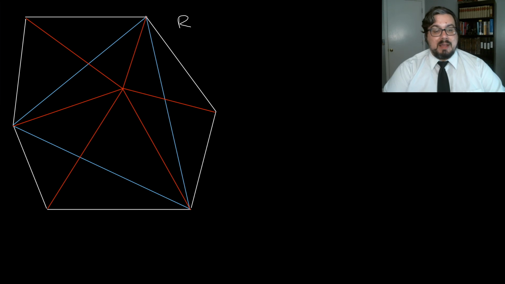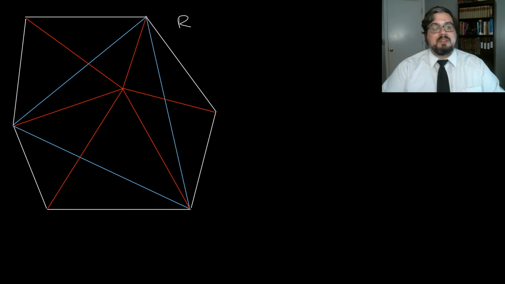We have the red triangularization, which writes it down as a union of 6 red triangles. And the question is, how in the world are we going to make sure that if we take the sums of the areas of the blue triangles, we get the same thing as the sum of the areas of the red triangles, without assuming that we have an area function in place already?